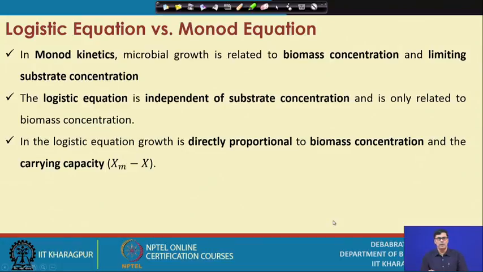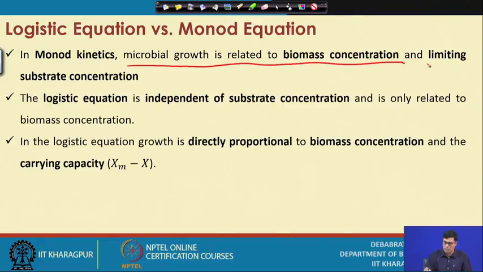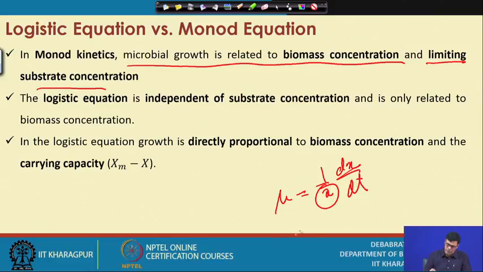So, what is the difference between the logistic equation and the Monod equation? The Monod equation, as I pointed out, relates growth with the biomass concentration and limiting substrate concentration. Am I right? Biomass concentration, because when we considered mu, equal to what? 1 by x dx by dt. So, it depends on the concentration of the cells. And if you look at the Monod equation, mu equal to what?